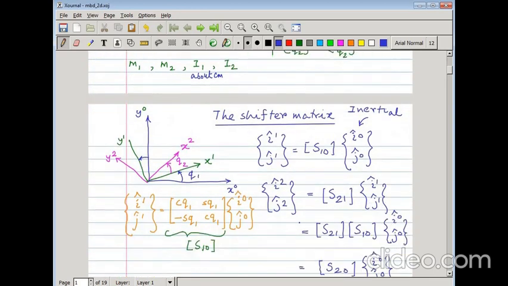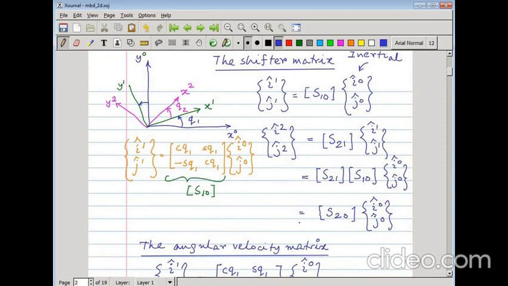So we start with the shifter matrix, and you all know that if this is x, y, and this is x dashed, y dashed, then this is I dashed, this is j dashed, this is I, and this is j.